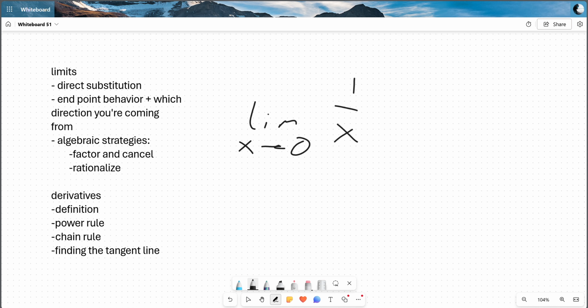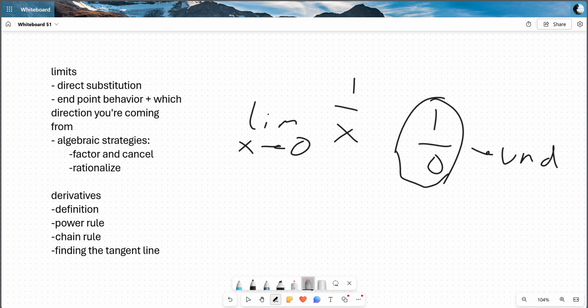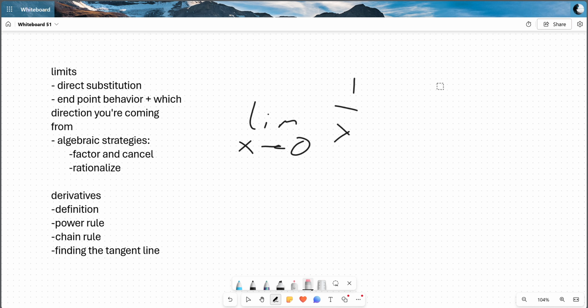We can see here that when we plug in 0, we get 1 over 0. And 1 over 0 is undefined, right? So when we plug it in directly and get an undefined answer, the answer is undefined.